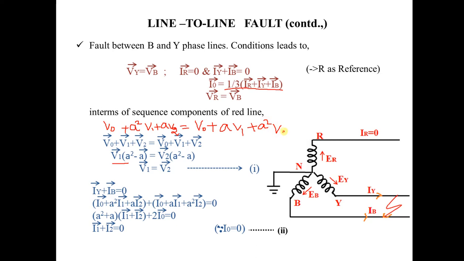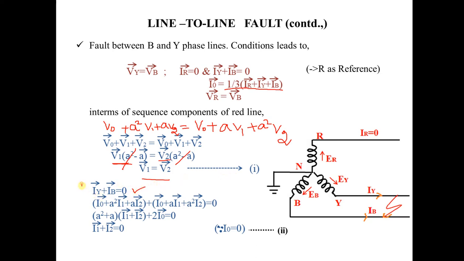So this is the equation, and from this we take the common terms V1 and V2 for positive and negative. From the conditions, both will be cancelled and V1 will be equal to V2. So this is equation 1, and Iy plus Ib is equal to 0.